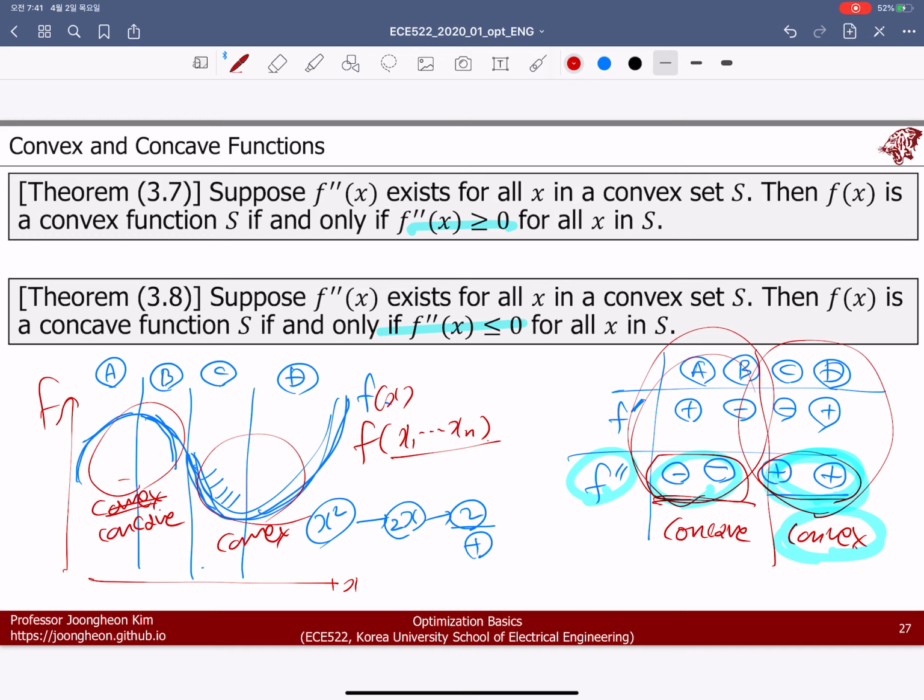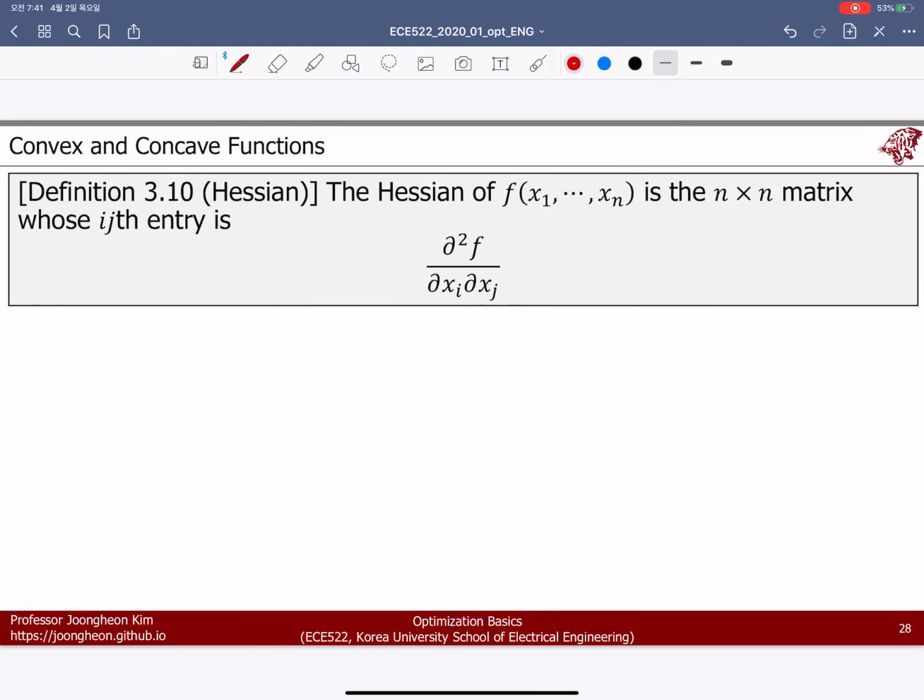In order to take the second order derivation for a given function in various variables, we need to think about the Hessian. Suppose that we have n different variables. That's why this has a very high dimensional surface or features in this case. And every single time we have to take the second order derivation.